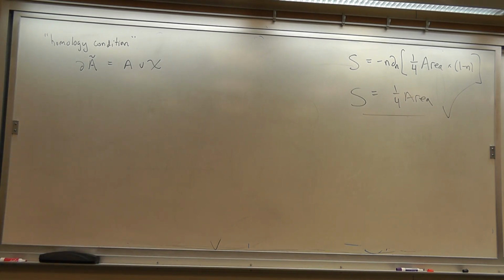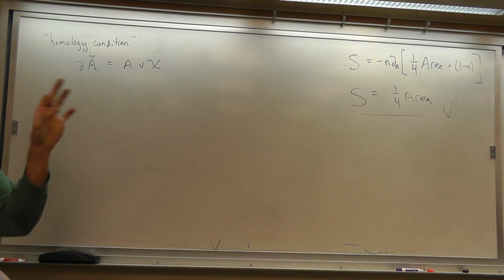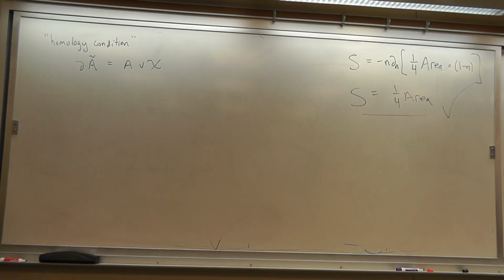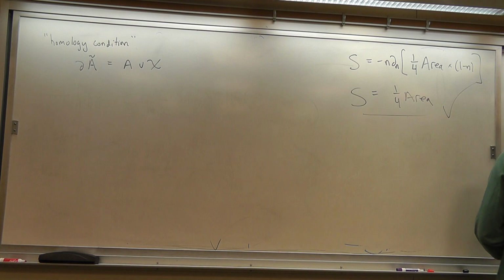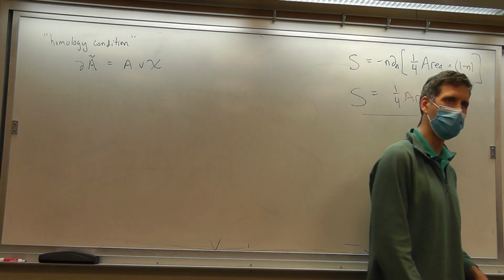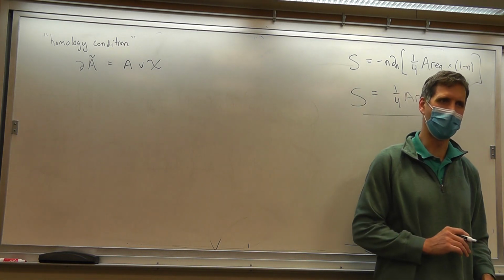In other words, you have to pick a region chi, or sorry, a surface chi. This surface has to be deformable to A. There could be weird topology and handles and black holes in the space-time. So for example, if I were to put a black hole here, then this would not be deformable and that would not be an allowed choice of chi.